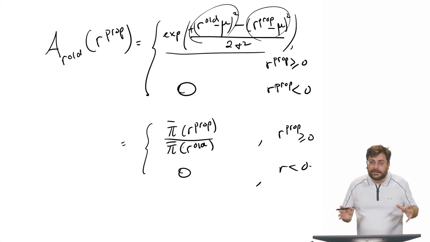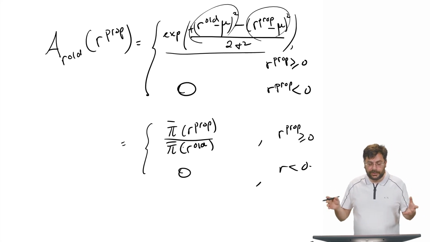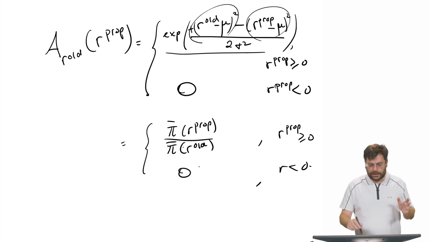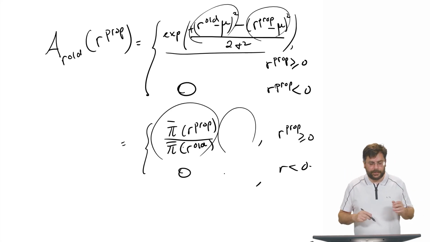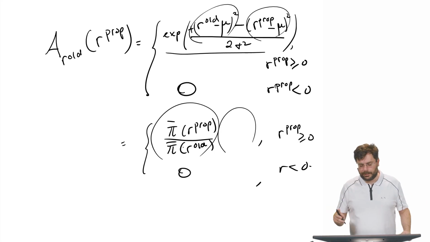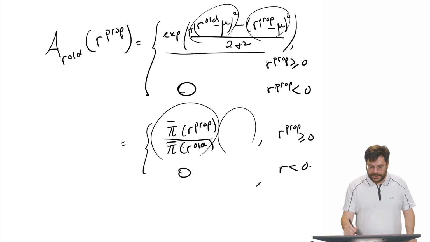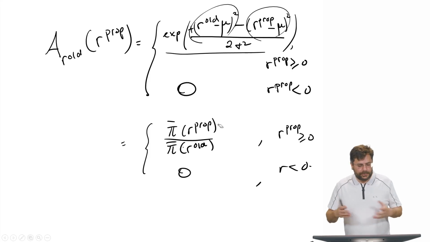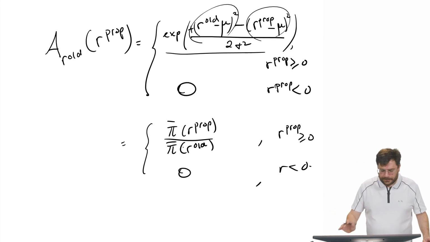So more generally, when our proposal distributions don't cancel, and our acceptance ratio can be written as a ratio of target distributions and a ratio of proposal distributions, we call that Metropolis-Hastings. For the very special case where the proposal distributions are symmetric and the ratio is 1, we typically call that Metropolis sampling, but not super important.